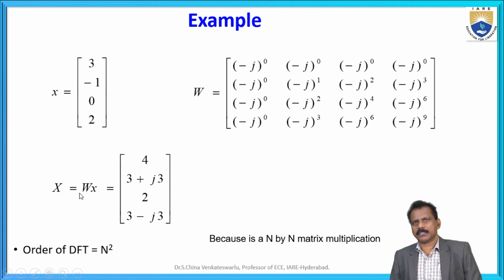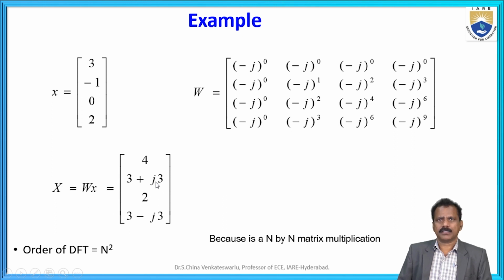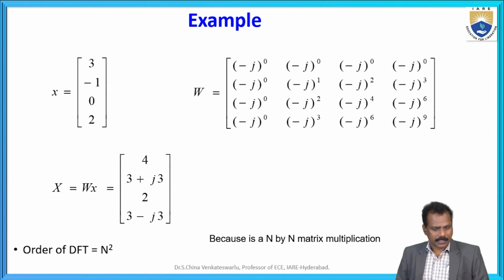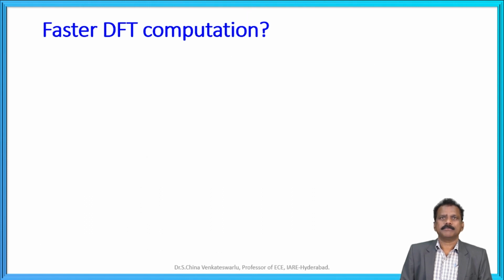Like this we have to represent it, where X equals W x equals 4, 3 plus j3, 2, and 3 minus j3, because it is an N by N matrix multiplication. So directly we can verify that the order of the discrete Fourier transform is equal to N square.